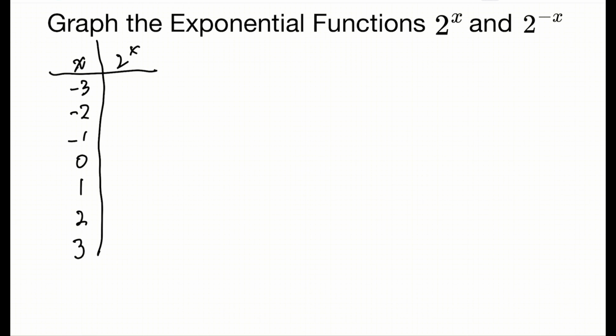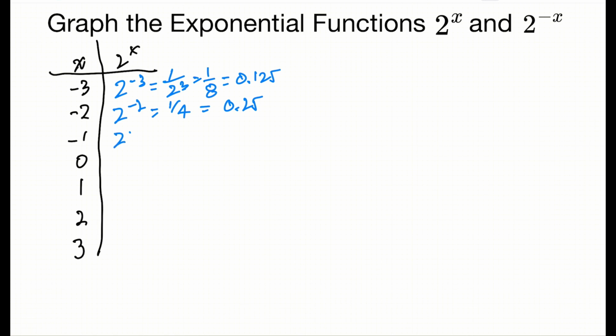So if we do 2 to the x, 2 to the minus 3 is 1 over 2 cubed, which is 1 over 8, which is 0.125. Now 2 to the minus 2 is 1 over 4, which is 0.25.